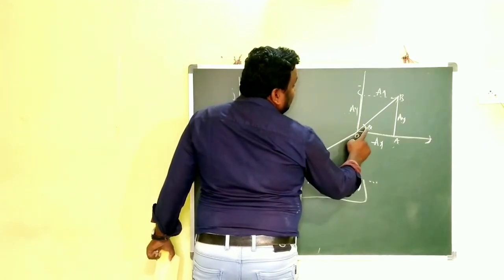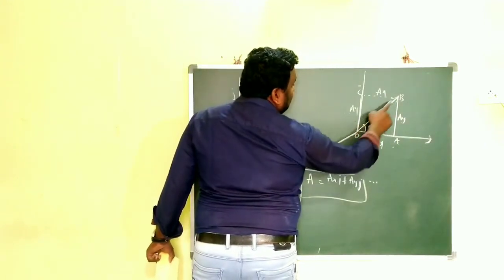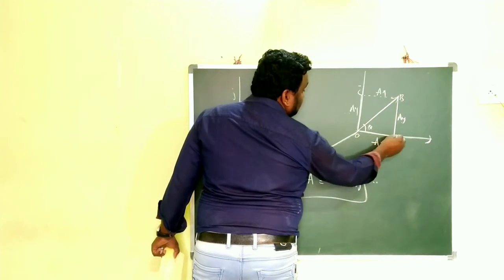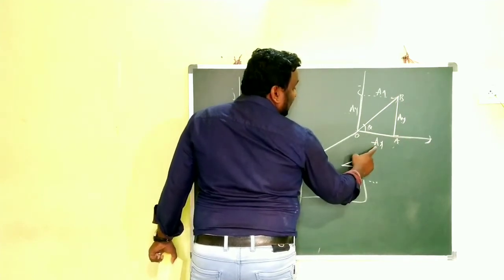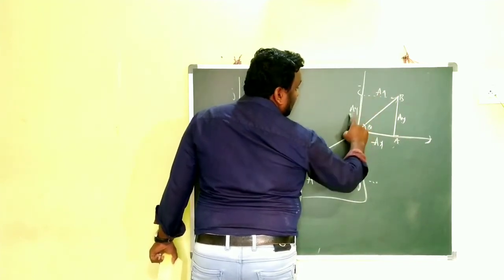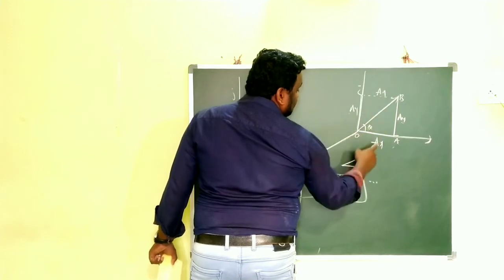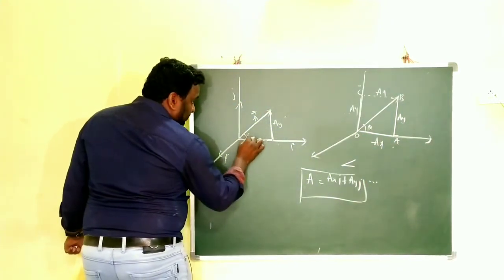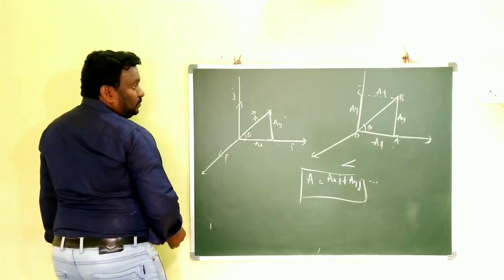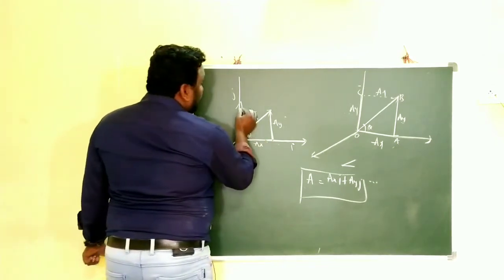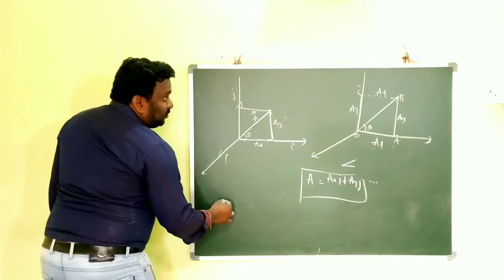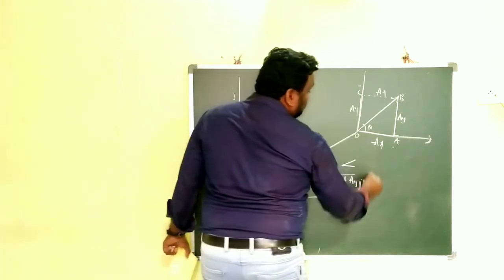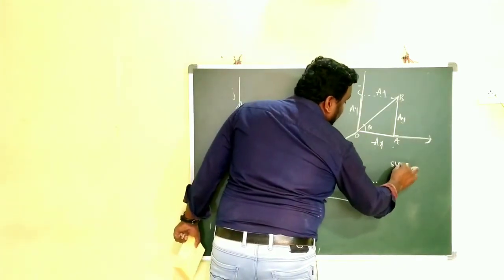Theta is the direction made by the resultant vector. Here AY is equal and AX is equal. I am drawing the same thing with theta. From this diagram, children, I am going to write sin theta.